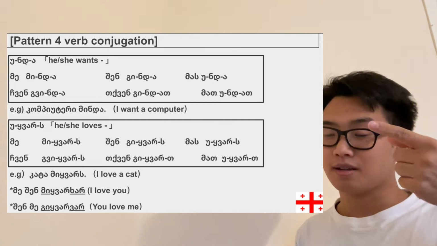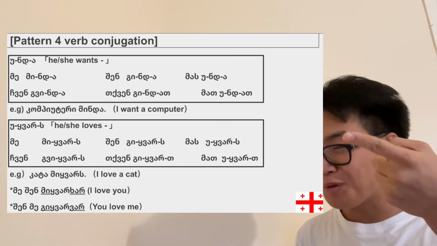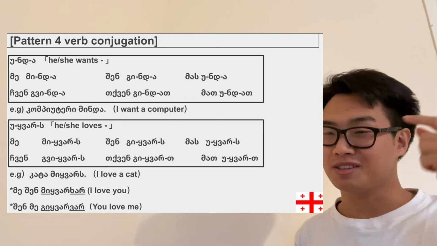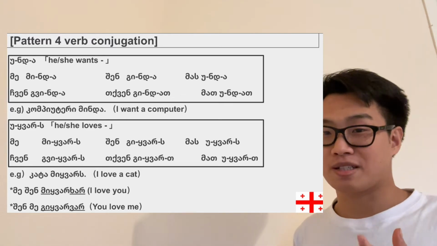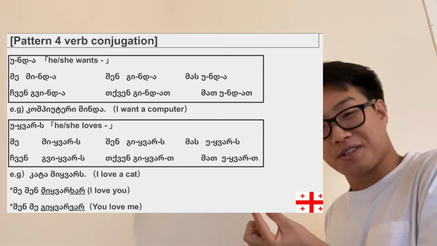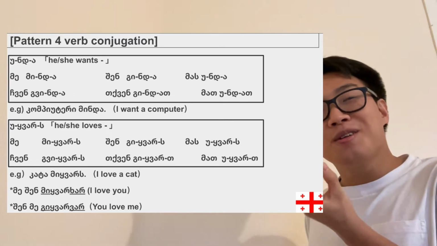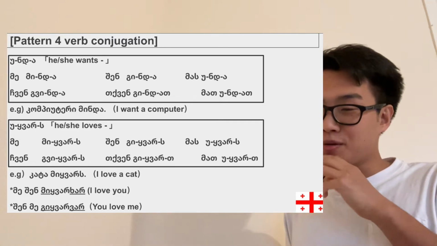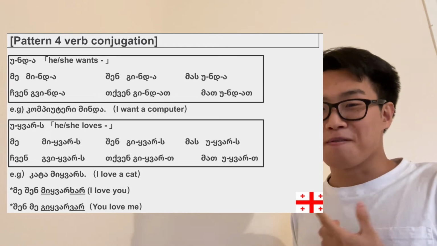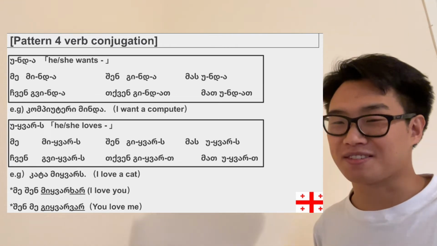And the second thing is that when we talk about first person and second person, the verb conjugation changes differently. It's a little bit more complicated, but I don't think it's the time for us to study these things at this moment.